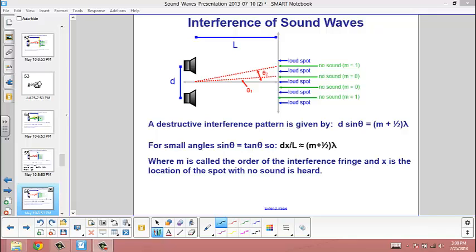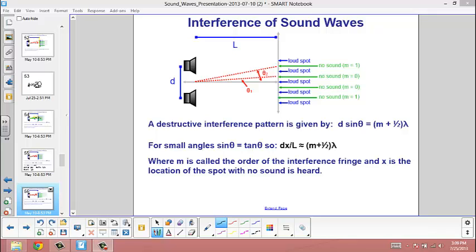All right, now that we've explained the small angle approximation, let's talk about the physical meaning of the orders, not for constructive, blue locations, loud, but the green locations, which are no sound or soft.